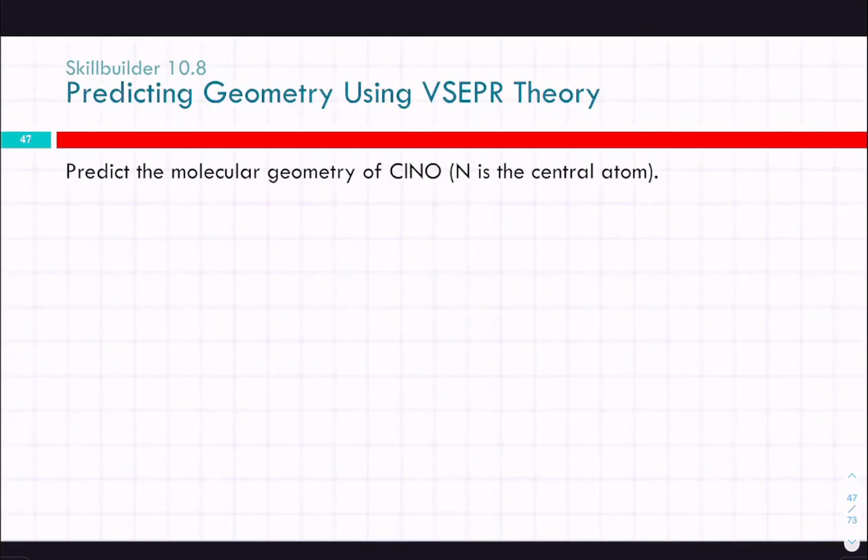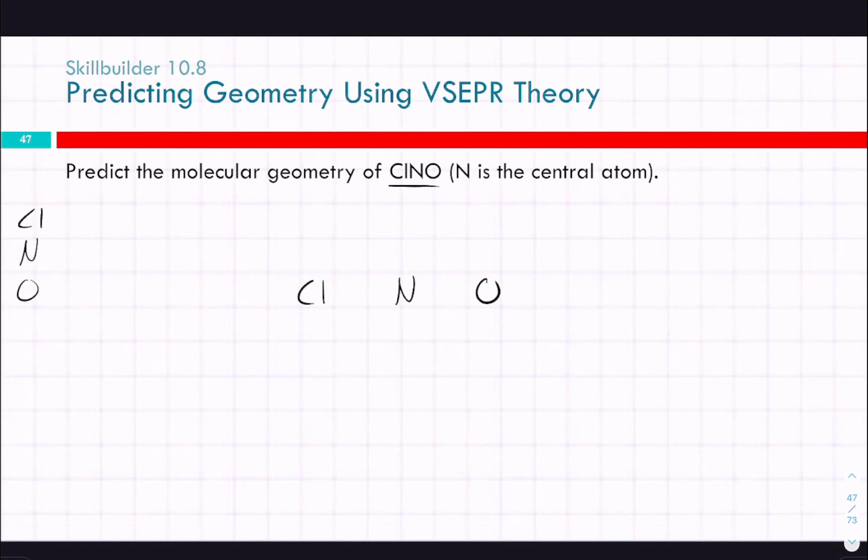So our first step, if we want to predict this, I don't know what this molecule is called, chlorine nitroxide maybe. So we're going to have chlorine, and we're told that nitrogen is the central atom, and that chlorine and oxygen will be our terminal atoms. All right, so then we have to figure out how many valence electrons we have. So we've got chlorine, nitrogen, oxygen.